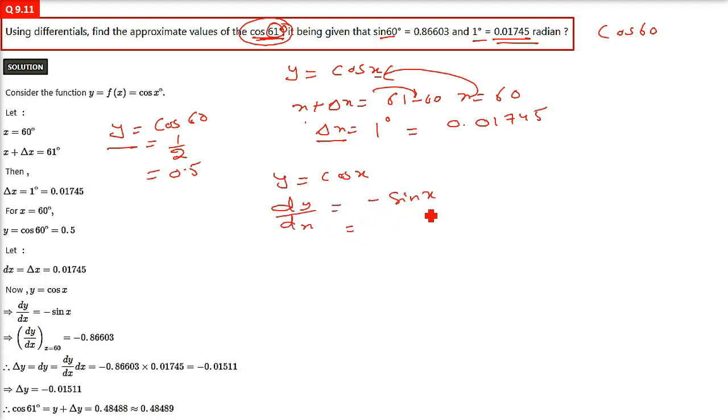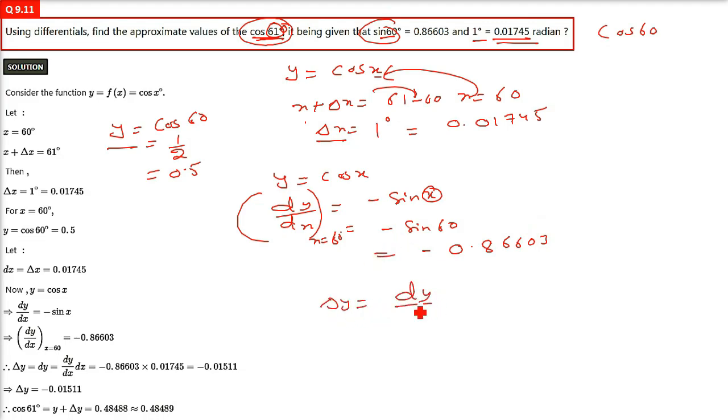Now this minus sin x, we have to find the value at x equals 60 degrees. So minus sin 60 degrees it will be, and sin 60 degrees also is given in the question. It's minus 0.86603. So delta y will be dy by dx into delta x. dy by dx is known to us, minus 0.86603. And delta x is what?